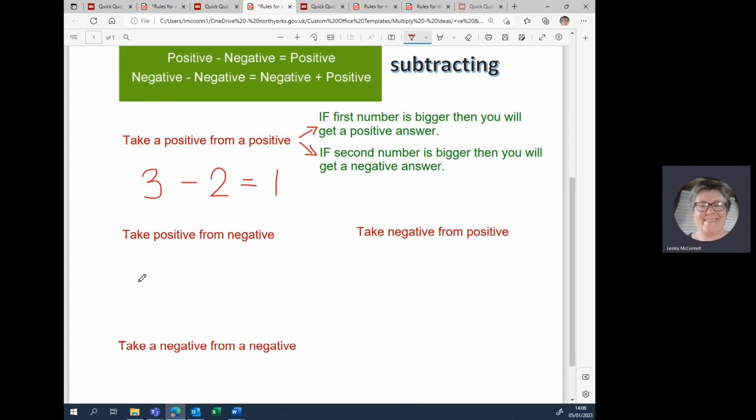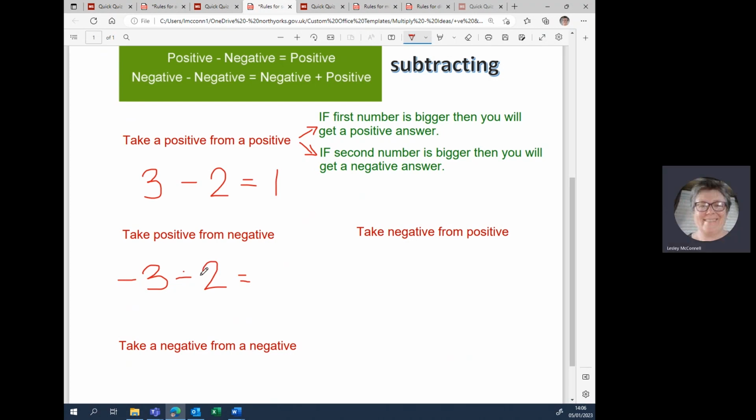So let's take a positive 2 away from a negative 3. So we're taking a positive 2 from a negative 3.